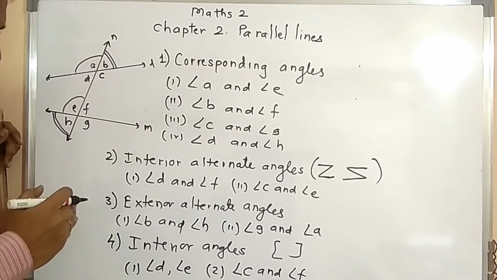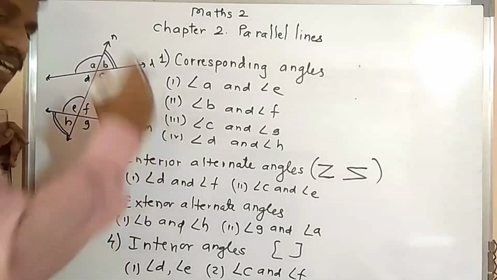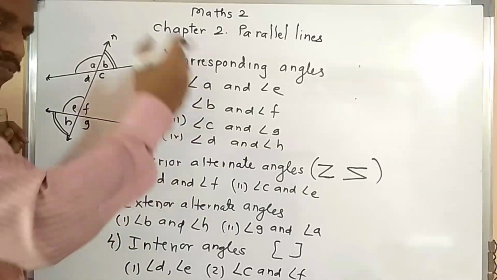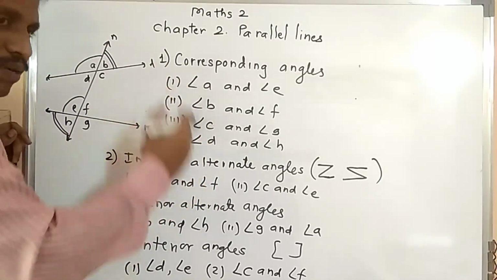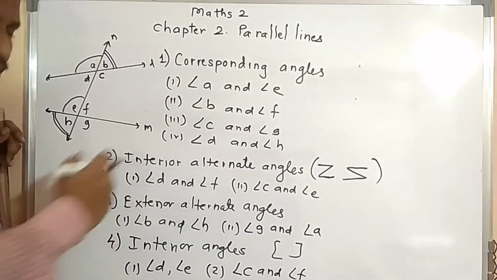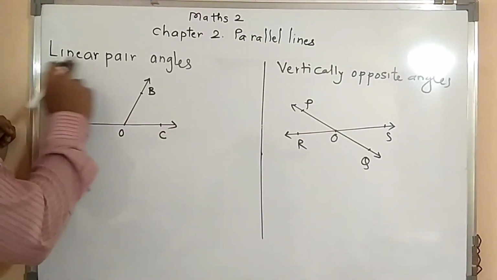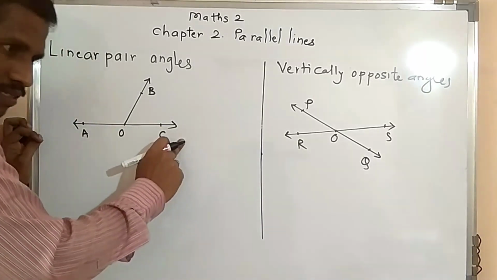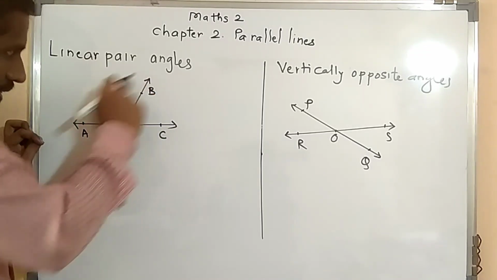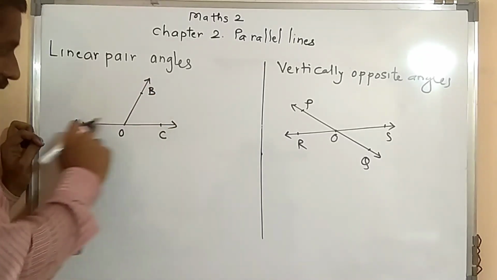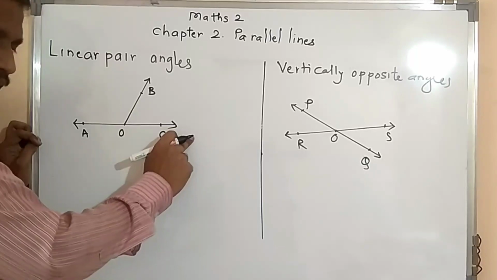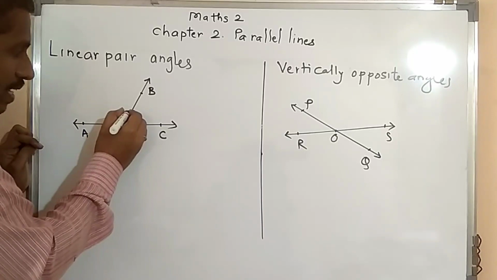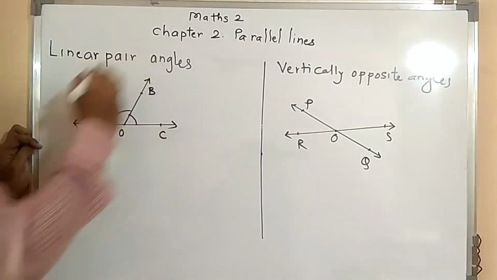as 10th standard. A few more properties regarding angles we have studied in earlier standards. So we'll first revise the properties which we have studied earlier. Linear pair angles. When two adjacent angles have non-common sides that form a pair of opposite rays, these angles are called linear pair angles.